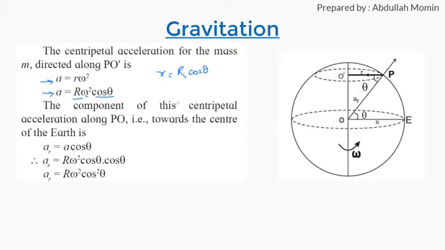The component of this centripetal acceleration towards the center of the earth is a cos theta. So instead of a, we put R omega square cos theta into cos theta. So that is R omega square cos square theta.